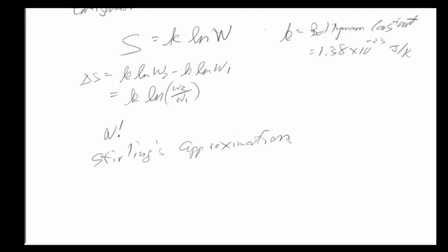And Stirling's approximation says that log of n factorial is equal to n times the log of n minus n. And this can be used to find n factorial. It turns out that for any thermodynamic process, the most probable macroscopic state is the one with the greatest number of microstates, which is also the macrostate with the greatest randomness and greatest entropy.